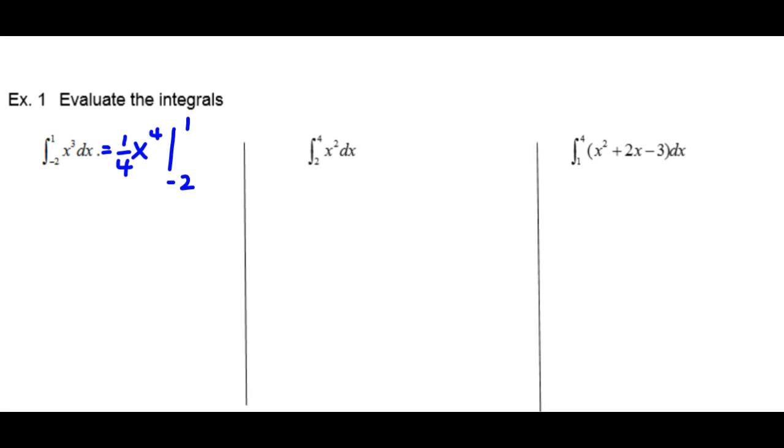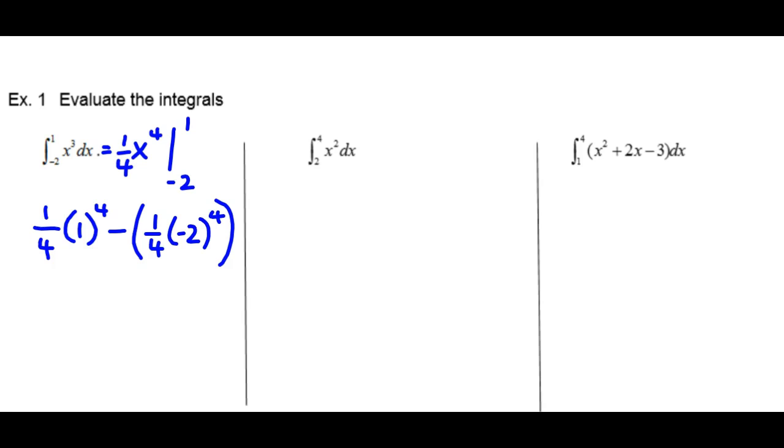What we'll then do is take that 1 and plug it in for x, and we're going to subtract whatever we get when we plug in -2 for x.